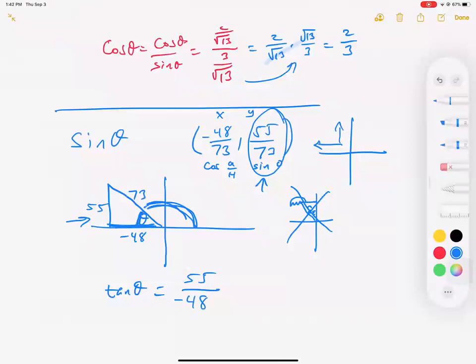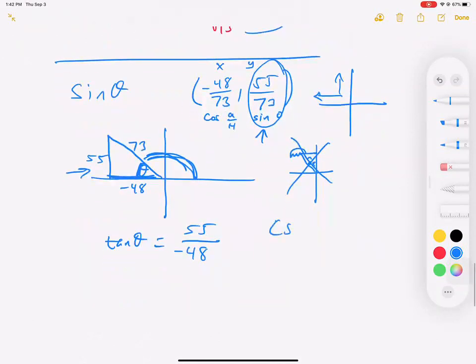Say what's opposite and hypotenuse and adjacent. Okay. What if I ask you, what's cosecant? You could jump cosecant from here if you're good with it. If not, looking at the triangle, cosecant is hypotenuse over opposite.